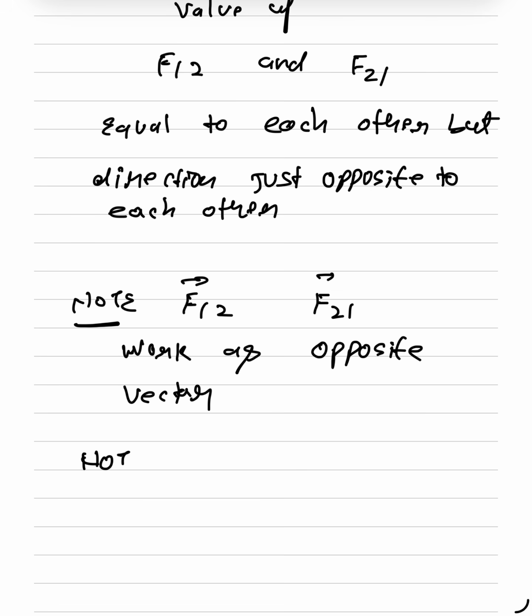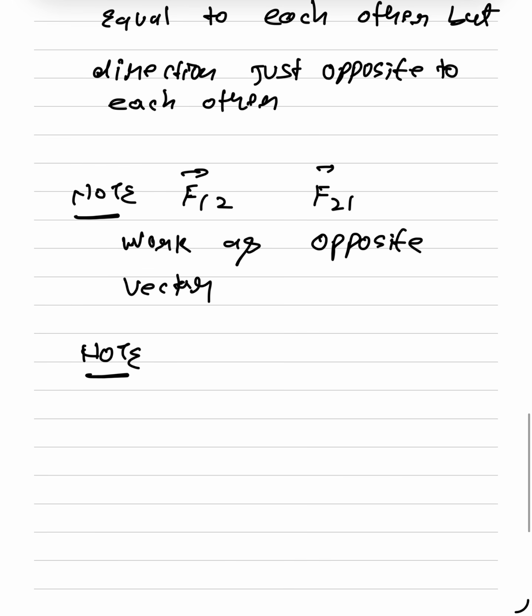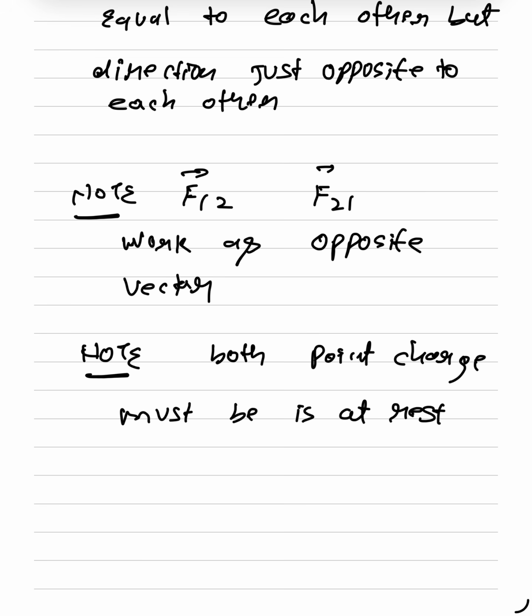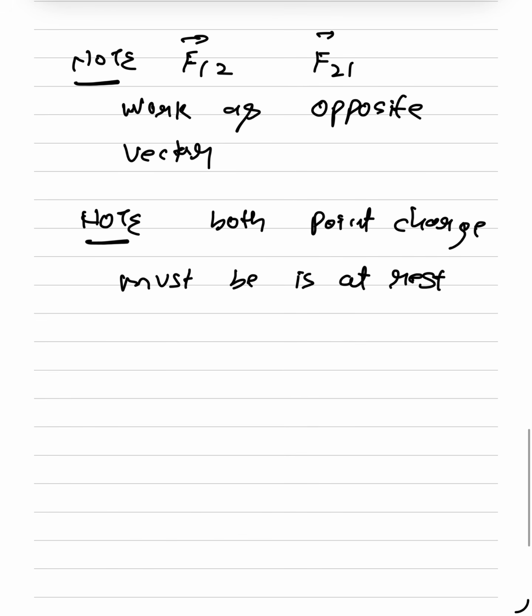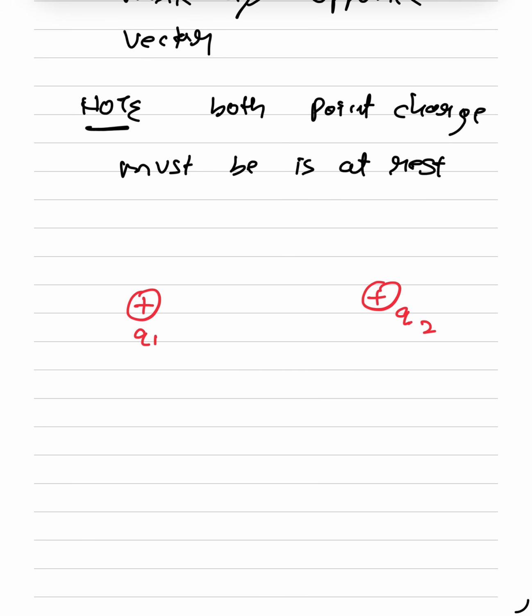And next, both point charges must be at rest, right. Suppose that this is a point charge Q1 and this is a point charge Q2. In this situation, both charges must be at rest, meaning the velocity of both charges equals zero, each is at rest.